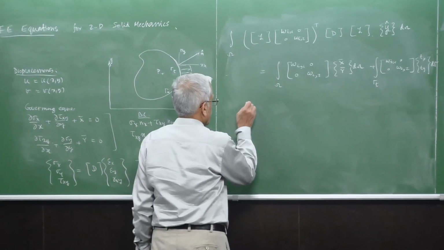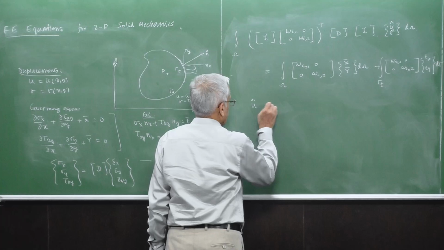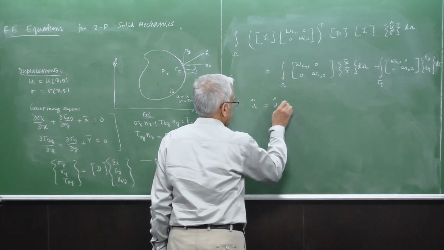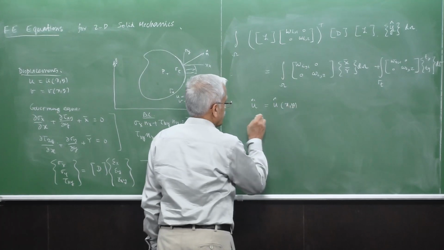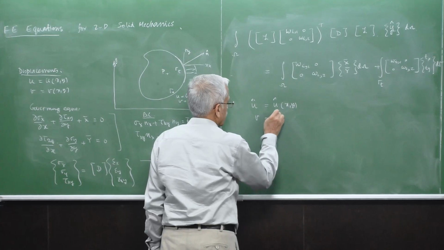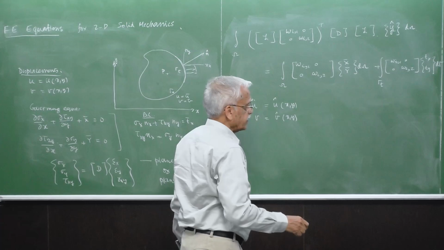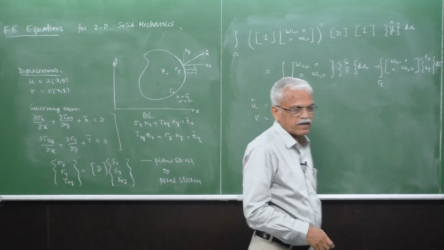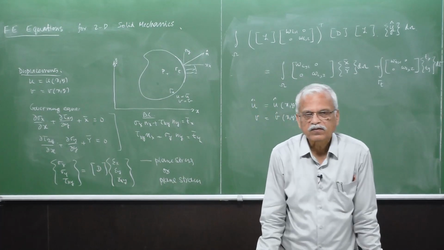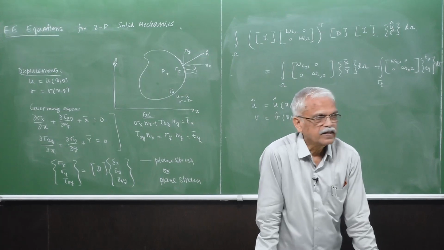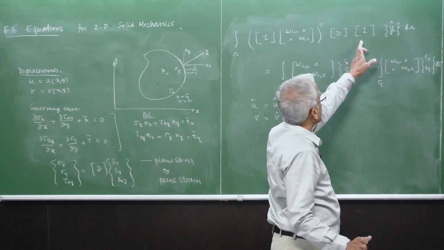So this u hat and v hat will be functions of x, y. And what minimum conditions we have to assume on this u hat and v hat depends upon the operator here.